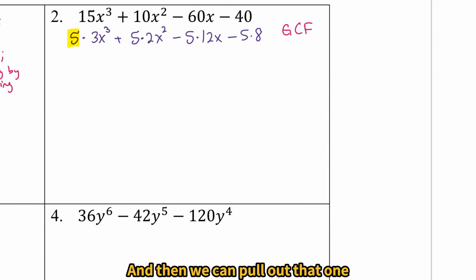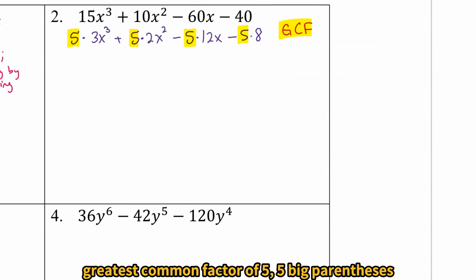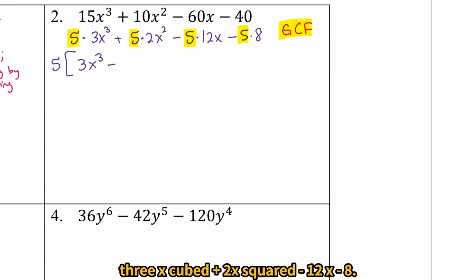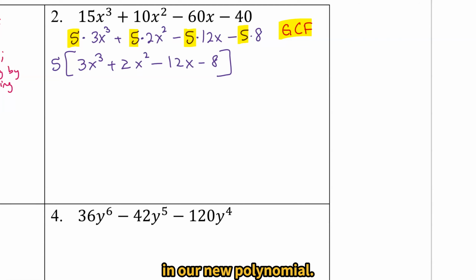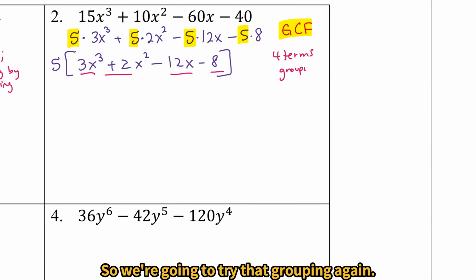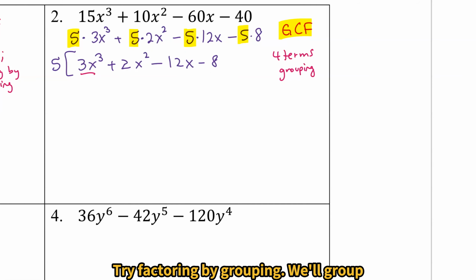And then we can pull out that greatest common factor of 5, big parentheses, 3x cubed plus 2x squared minus 12x minus 8. And then we count the number of terms in our new polynomial. 1, 2, 3, 4, 4 terms. So we're going to try that grouping again. Try factoring by grouping.